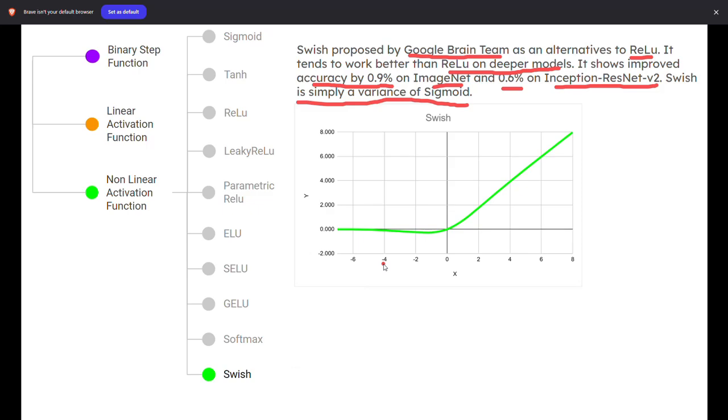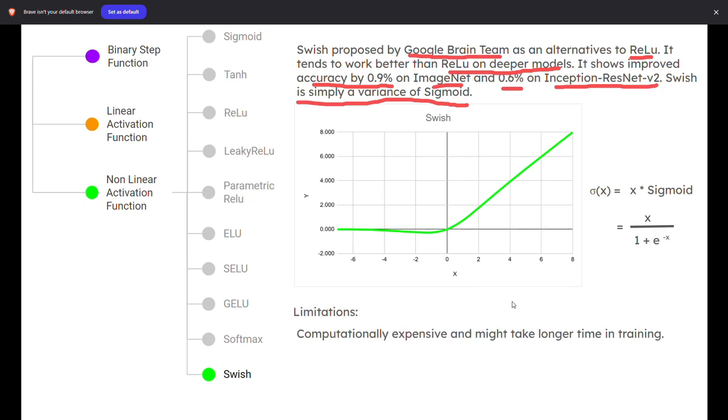This is the graph. It bends down slightly and then converges to 0 if the values are negative. And this is the function: you just multiply the sigmoid function with the value x, so it is basically x divided by 1 plus e to the power minus x. What are the limitations?